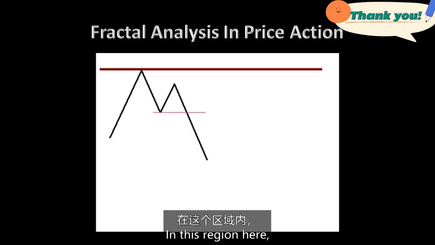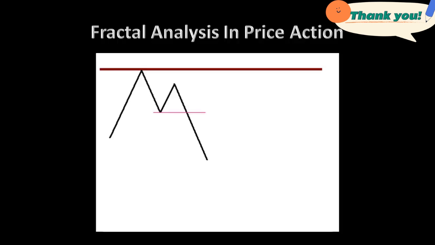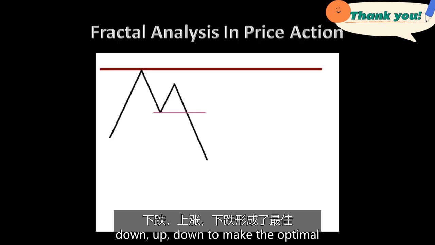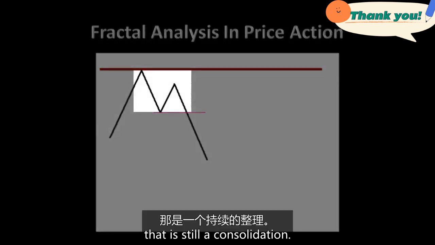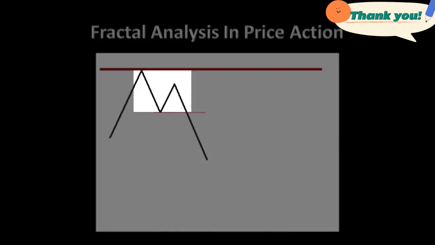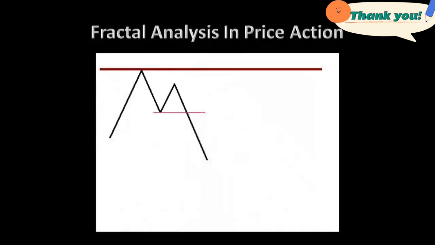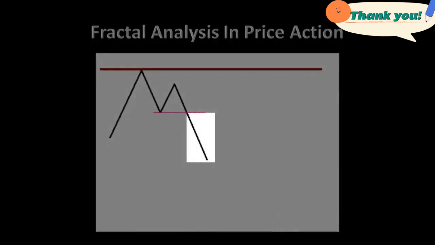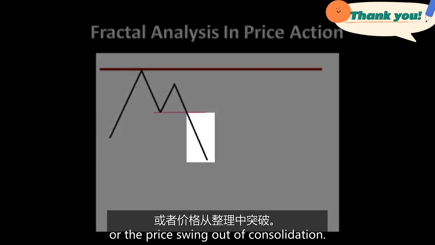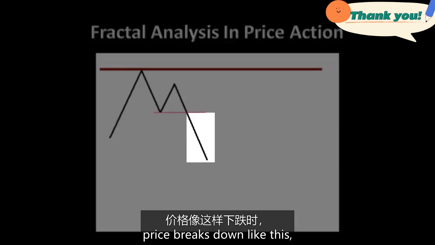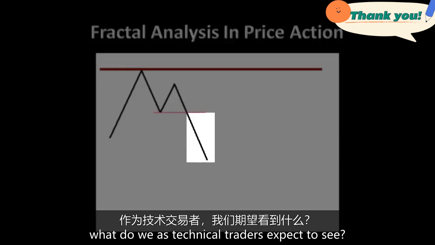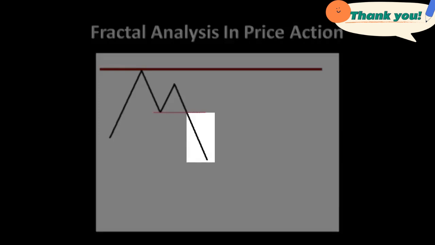In this region here, even though we saw price movement up, down, to make that optimal trade entry formation here, that's still a consolidation. See the range here? That's a consolidation. This move here is the trend, or the price swing out of consolidation. So now, when price breaks down like this, what do we as technical traders expect to see?